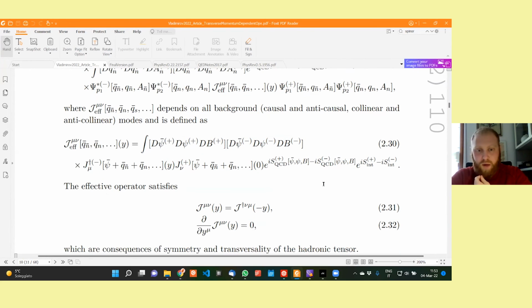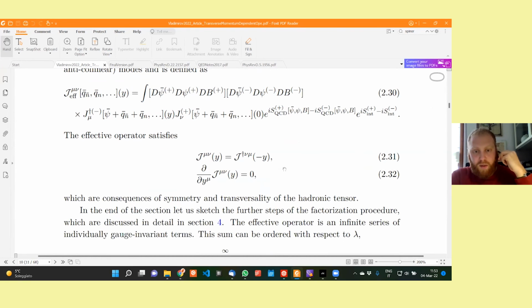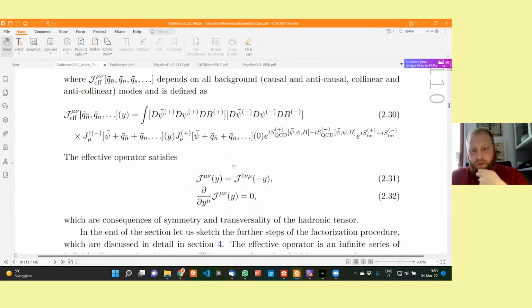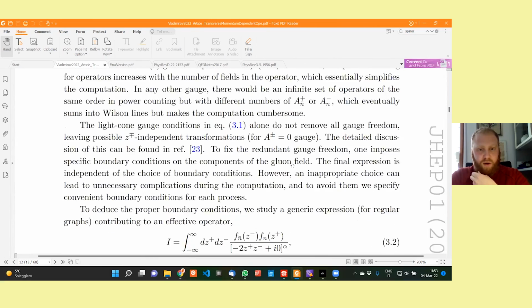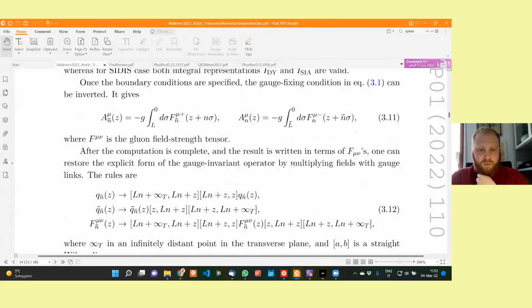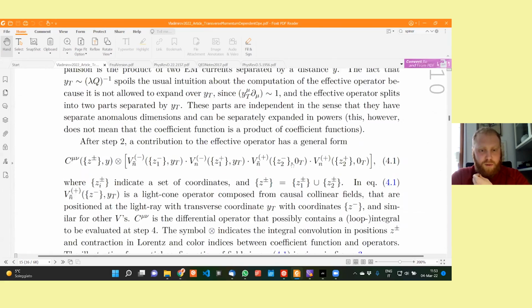So what you actually do now, you see that the plus and minus sectors are completely separated in this effective operator, so you treat them independently because there is no interaction between them. And you can just derive some very general results. Then here there is a lot of discussion, which for us is completely irrelevant.